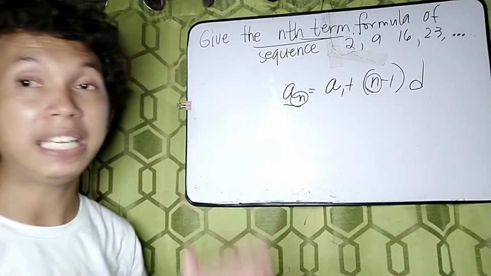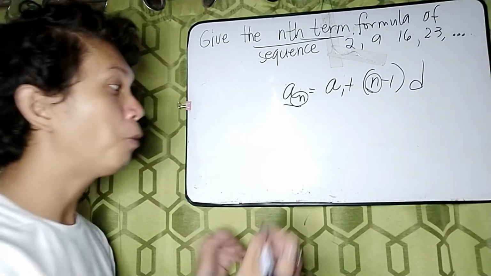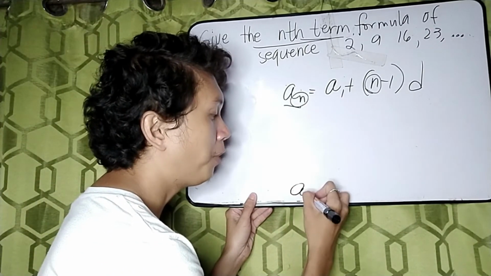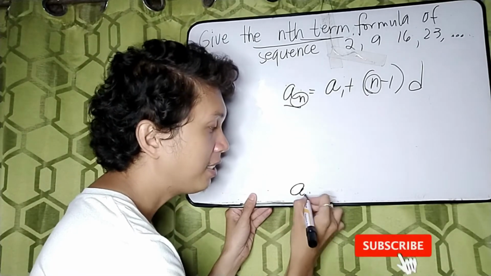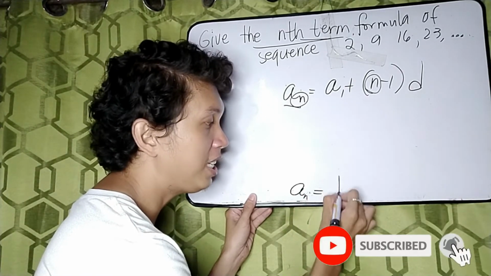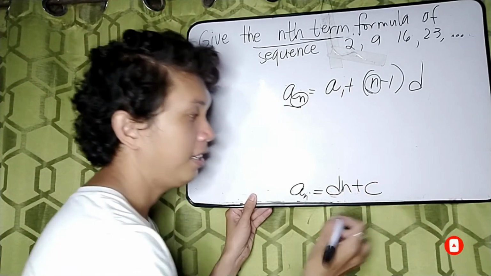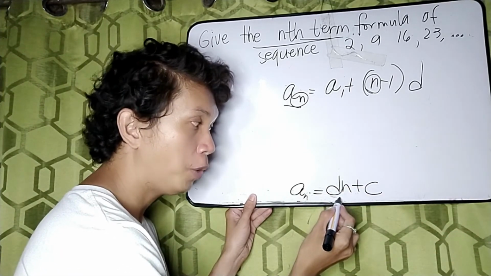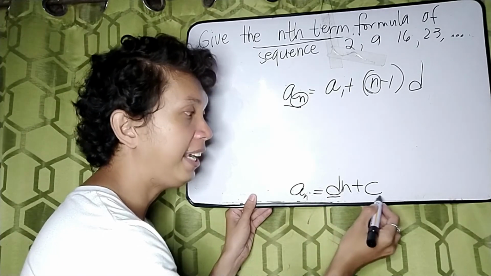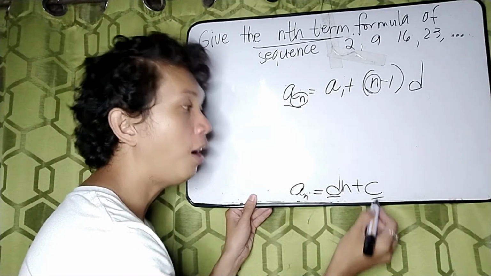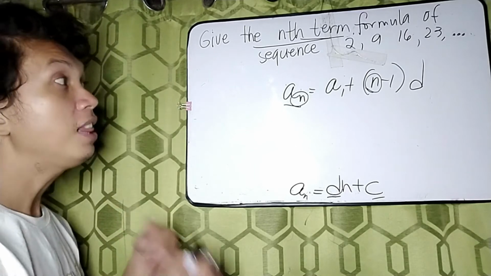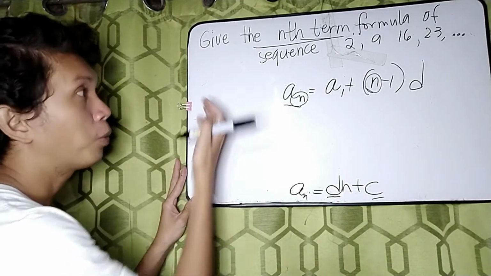So that will be the same, since our format of the final answer is a sub n equals dn plus c. We are just going to look for d and the value of c. So now let's go back to our solution.